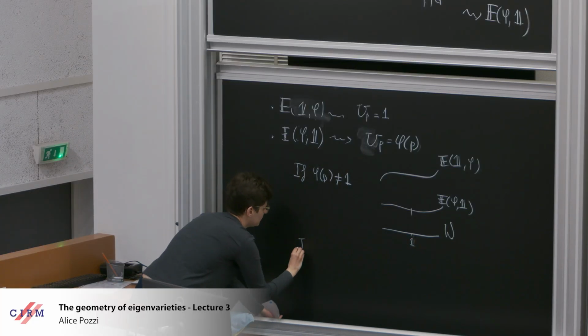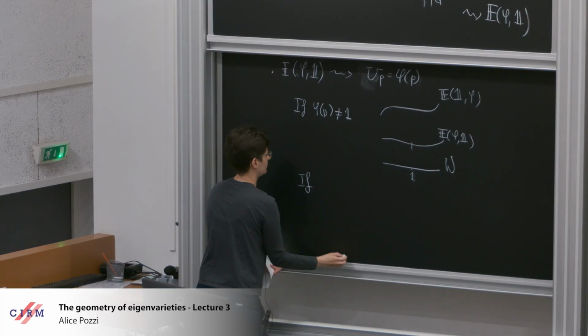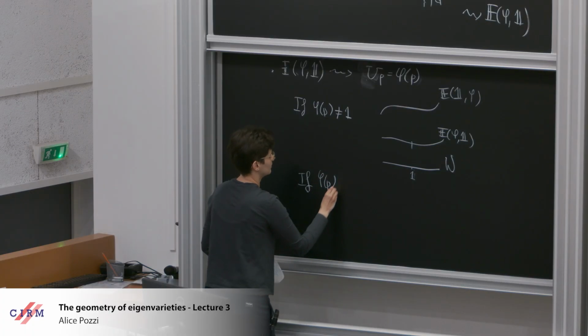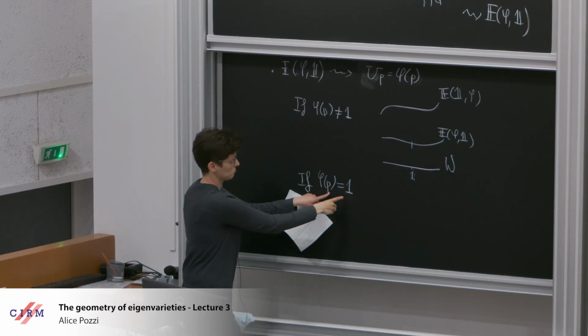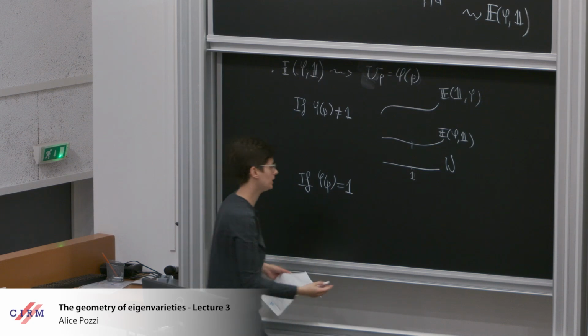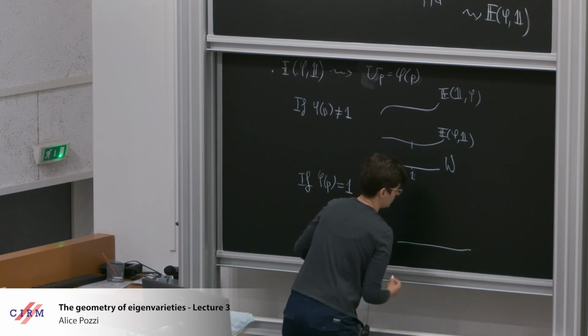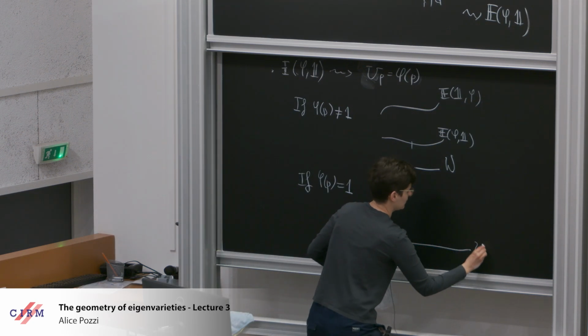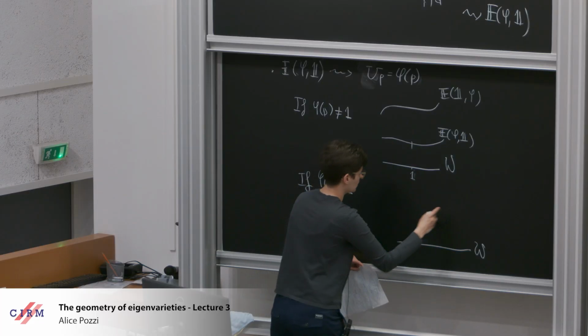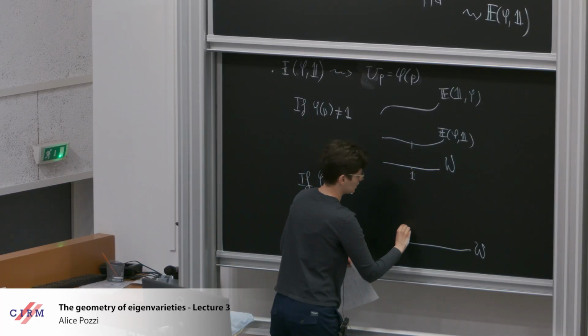But if they're equal, which might very well be, you can take such a P, the weight 1 specializations are equal.